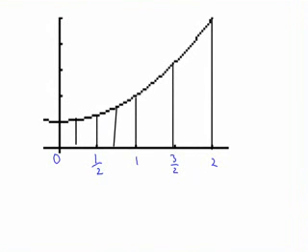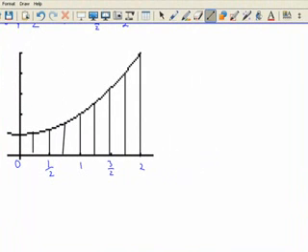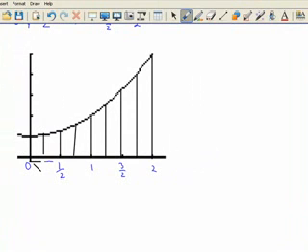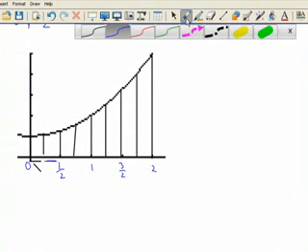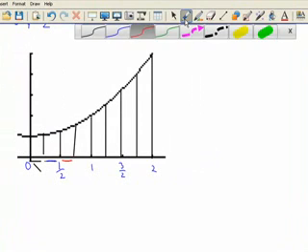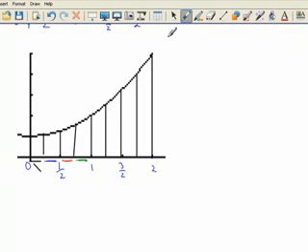So instead of subintervals from 0 to 1/2, 1/2 to 1, 1 to 3/2, and so on, what if I look at an interval from 0 to 1/4, and then from 1/4 to 1/2, 1/2 to 3/4, 3/4 to 1. Okay, so we've got twice as many intervals.